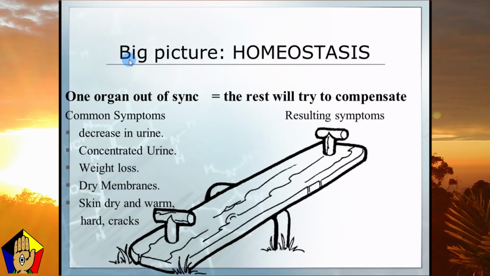Whatever organ that is, what's interesting is that homeostasis is going to try and keep a balance. So I listed off several organs. If only one's out of sync, what are the rest going to try and do? They're going to try and fix it. So if it's something like the heart, let's say the heart's not working efficiently. It's not pumping efficiently. What's the brain going to think of that? Oh, what the heck? Don't worry about it. No, the brain's going to freak out.